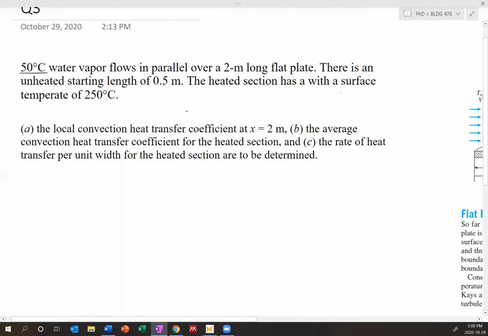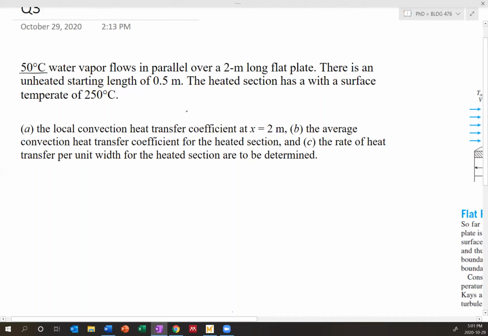We want to find the local convection heat transfer coefficient at x equals 2 meters, the average convection heat transfer coefficient of the whole section, and the rate of heat transfer per unit width of the heated section.